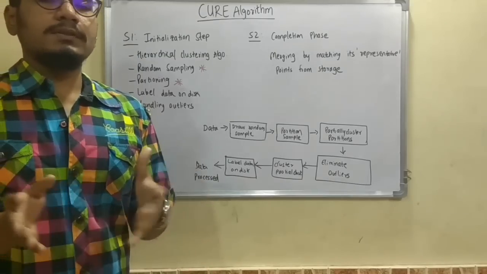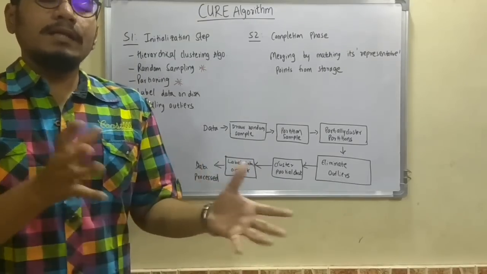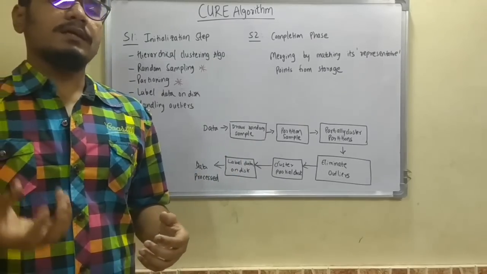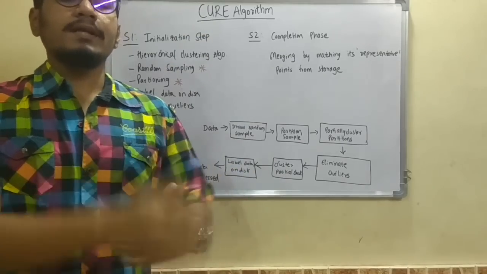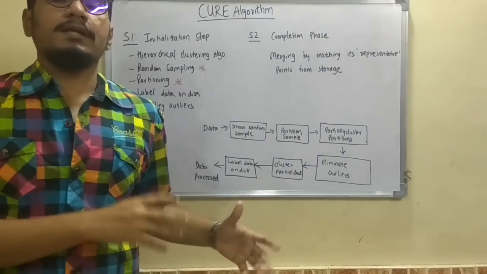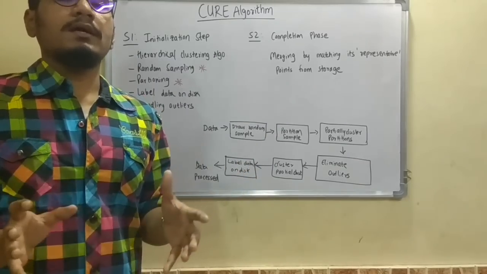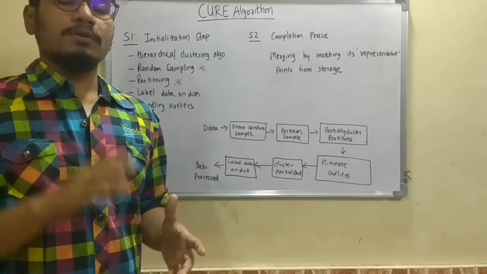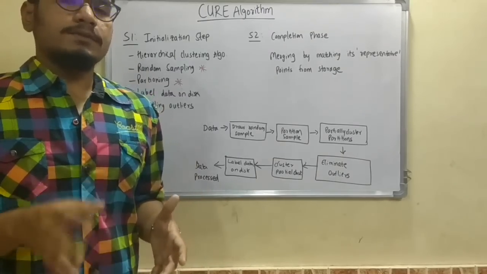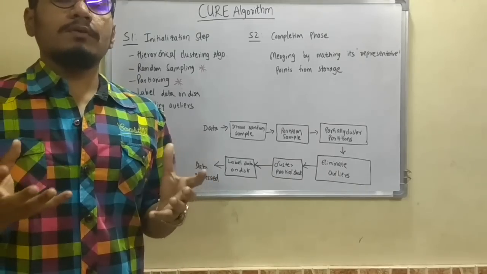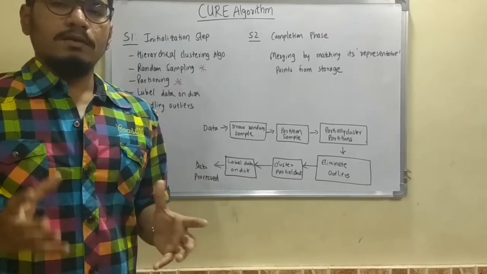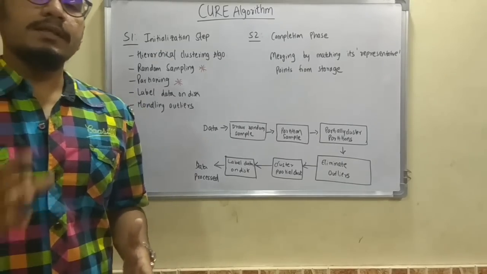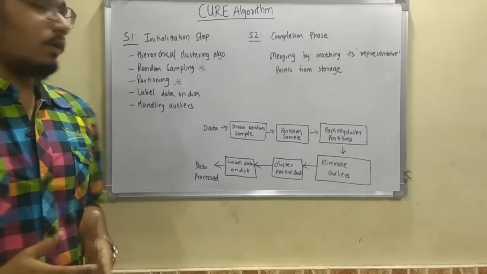In order to process it and give a tight and compact, or moderate, space, we use random sampling: it takes any number of samples at random. The main thing CURE takes care of is that it only processes the moderate samples, so that we can get good results from the processed data. That is one major thing in random sampling for the CURE algorithm.